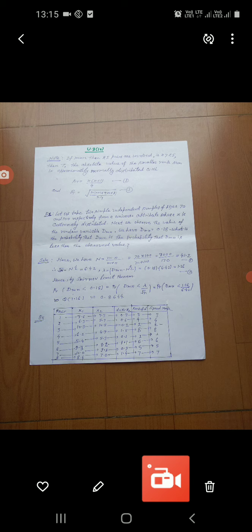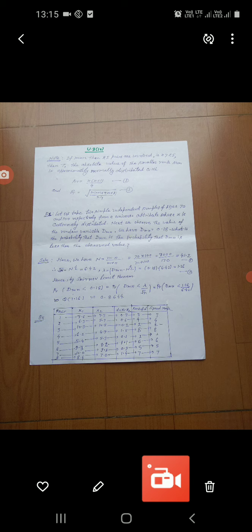The example is that let us take two simple independent samples of sizes 70 and 100 respectively from a universe whose variable X is continuously distributed, meaning observations are continuously distributed.